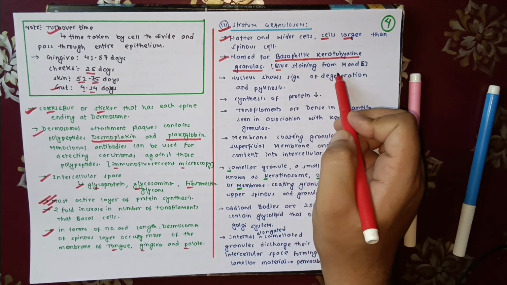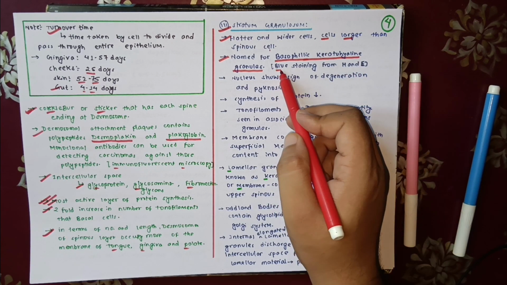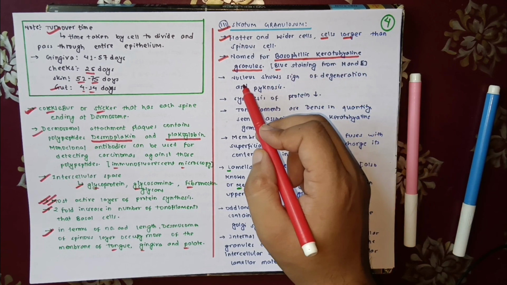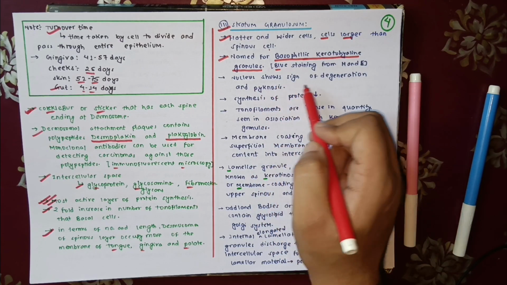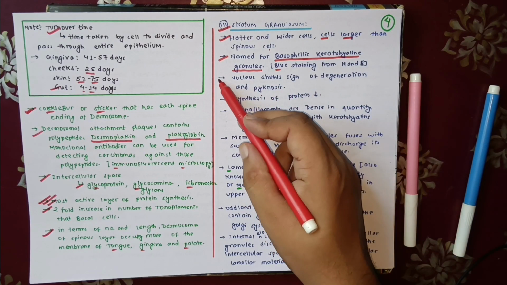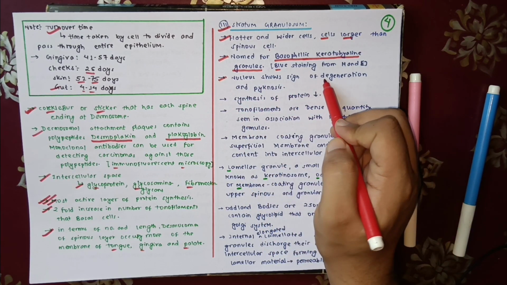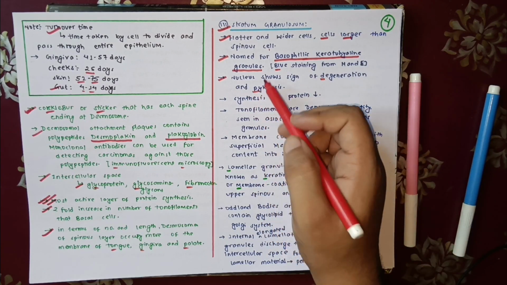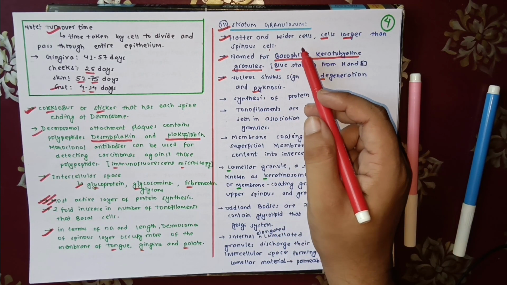They are blue staining in H&E. After that, the nucleus shows signs of degeneration and pyknosis in the stratum granulosum layer.